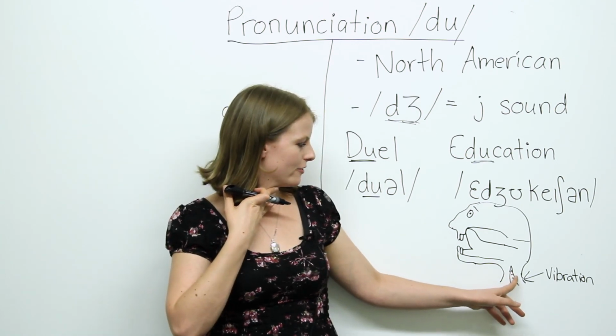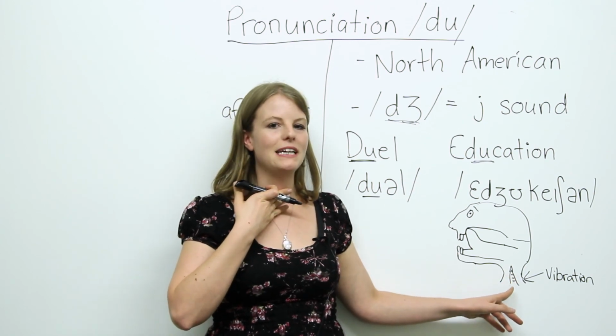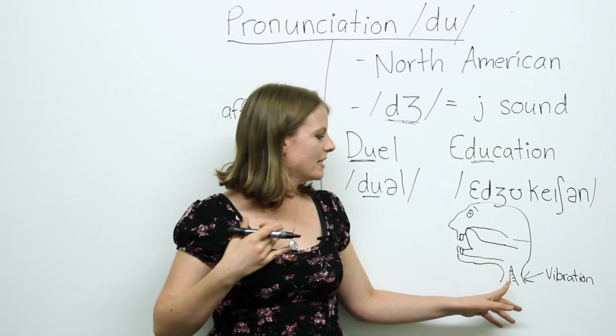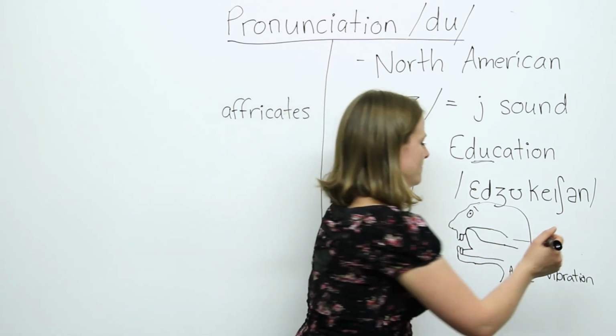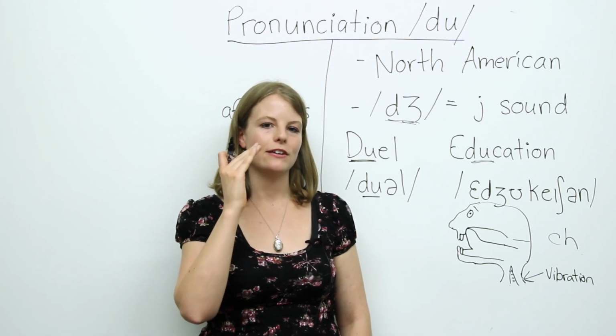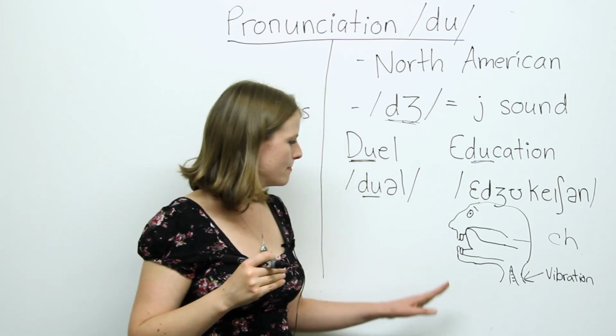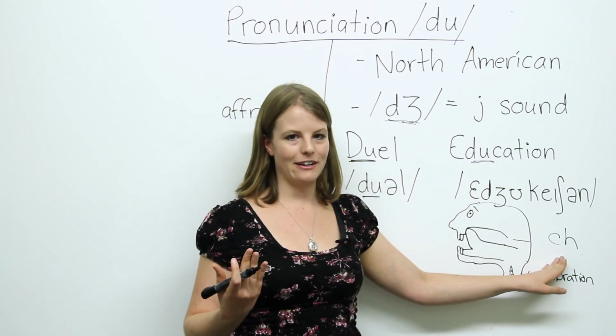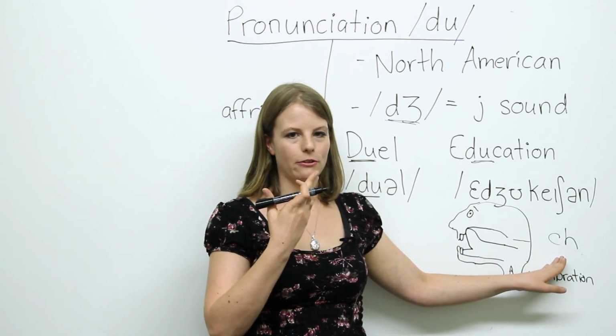So this picture shows vibration, meaning it moves down here. You feel a vibration. Whereas with CH, ch, there's no vibration. It comes from your mouth. Okay, so again, J is very similar to CH in pronunciation, in the way your mouth looks.